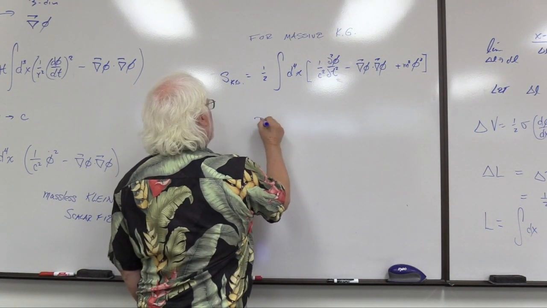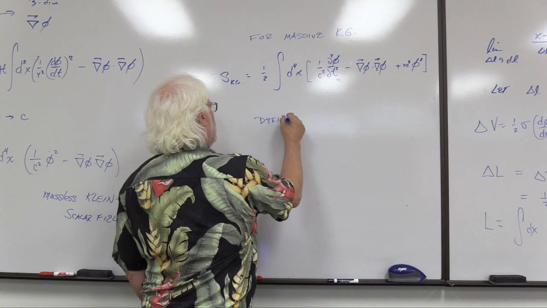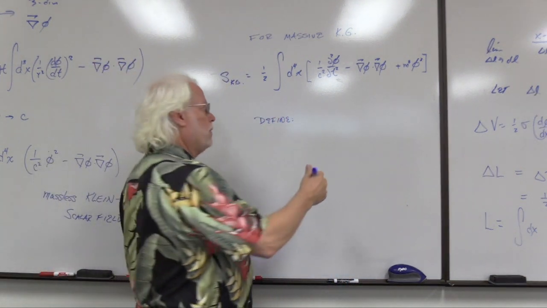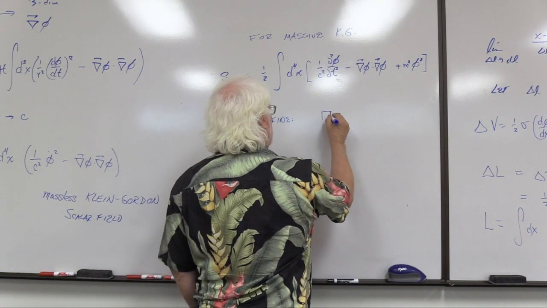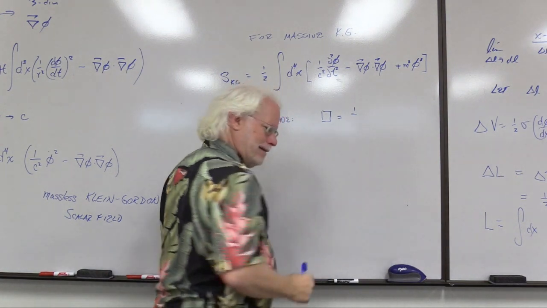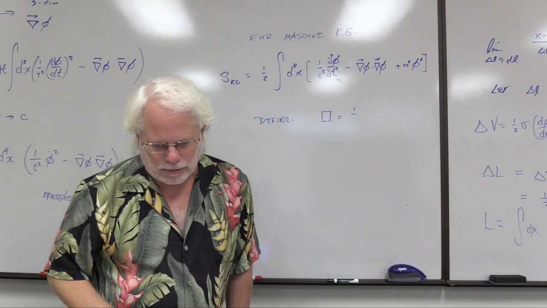we define, we're going to see this often enough. This comes up in E&M. You remember your E&M, the wave operator. Box is going to be, oh, now I have to do this backwards. I'm sorry.